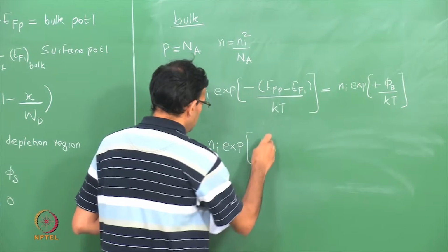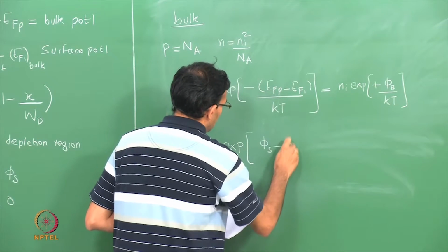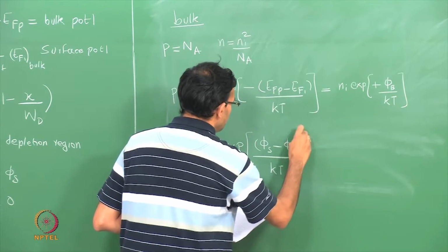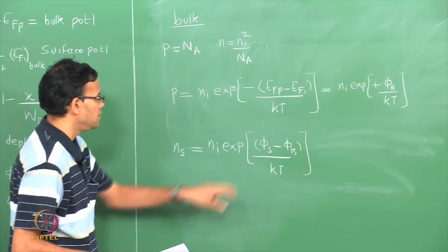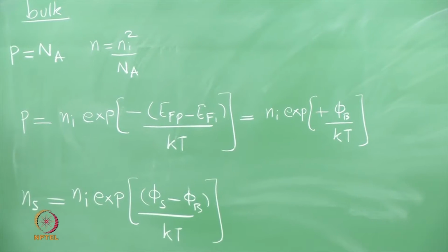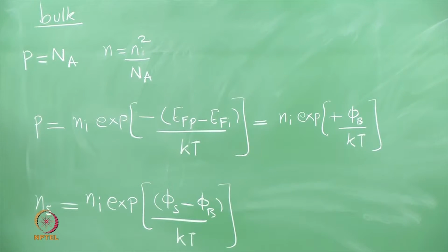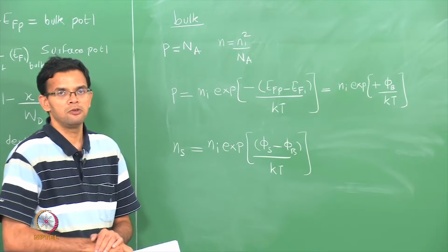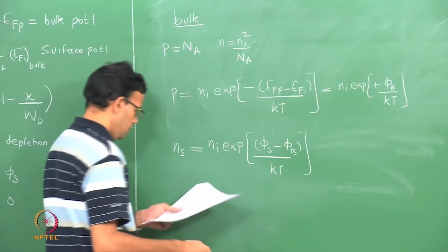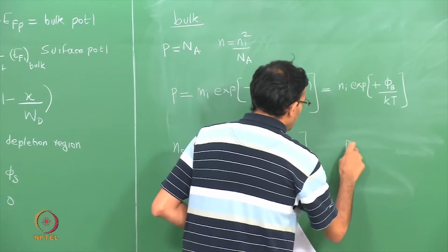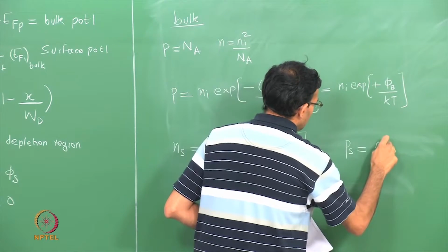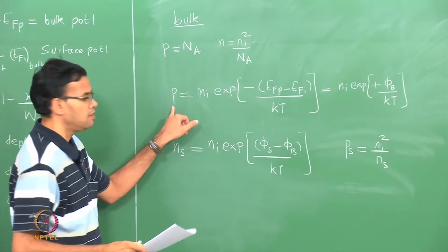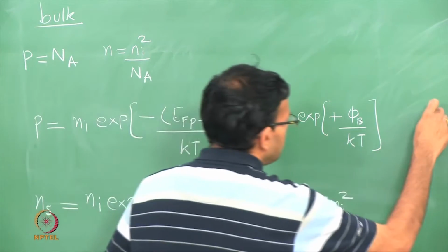So it is exponential phi s minus phi b over kT, so that it is the difference between the surface potential and the bulk potential, or in other words how much the Fermi level has shifted with respect to the intrinsic Fermi level. Ps we can just calculate from Ni square, and the same way here N I can calculate from just P.